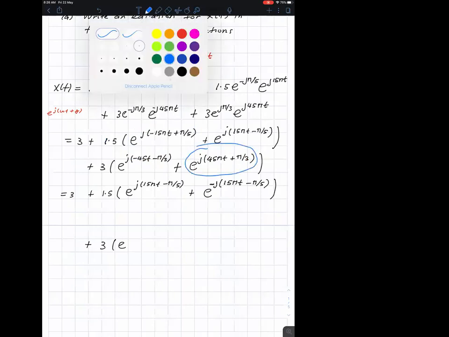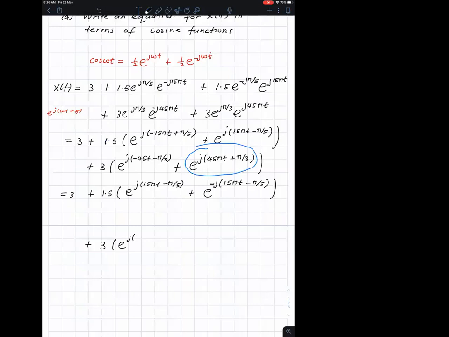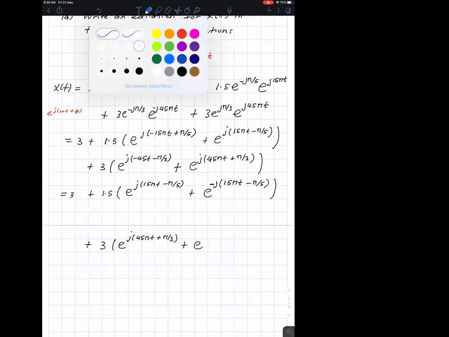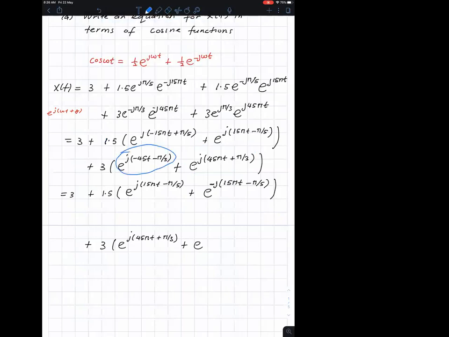There's no change on that, j 45 pi t plus pi over 3, plus e to the, then I'm doing the other one, this part here. You pull out the negative sign.